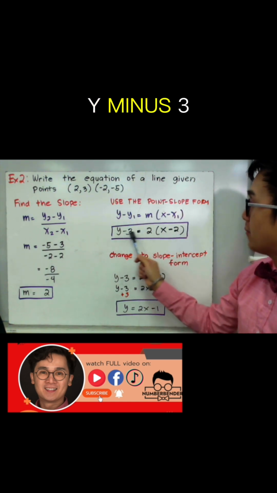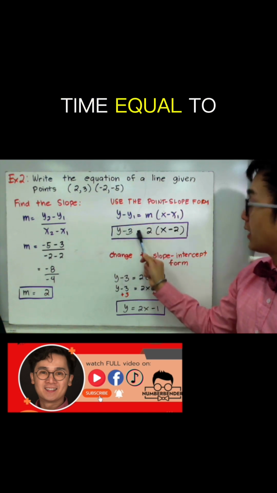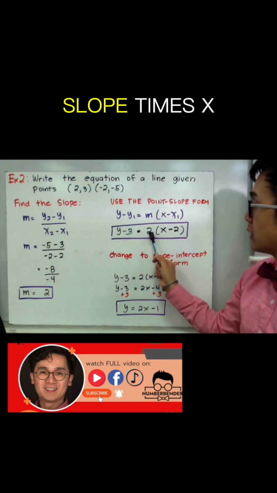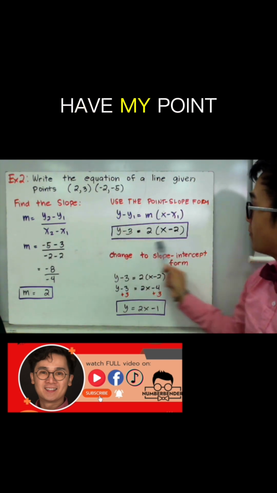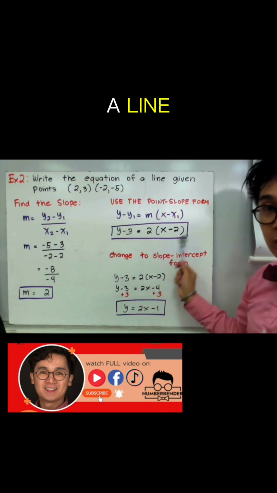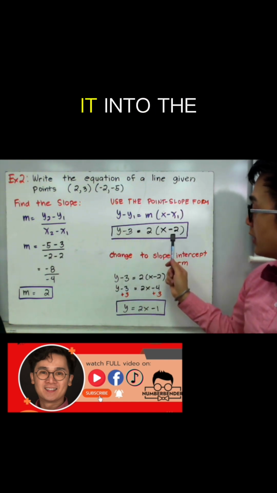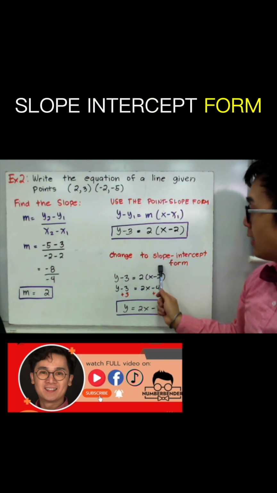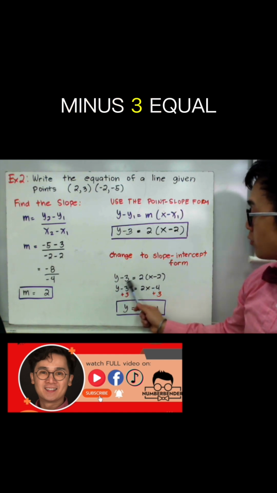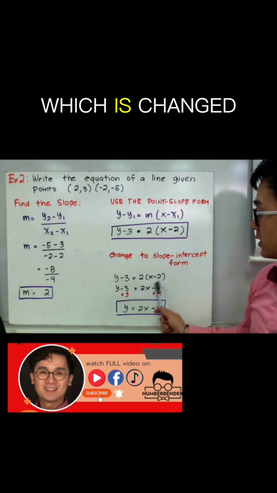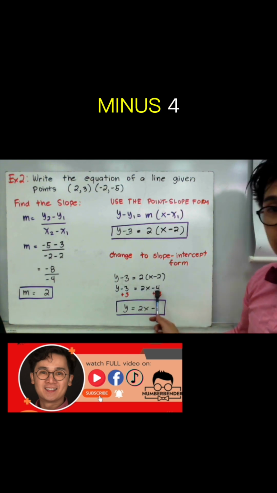So I have y minus 3 equals 2, which is my slope, times x minus 2. So now I have my point-slope form of the equation of a line, and if I need to convert it into the slope-intercept form, just like what I did in the previous example, I'll have y minus 3 equals 2 times x minus 2, which is changed to 2x minus 4.